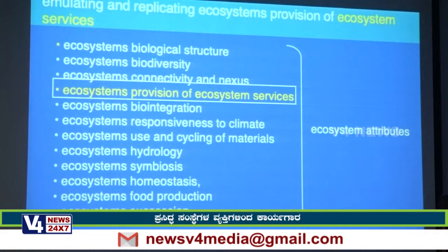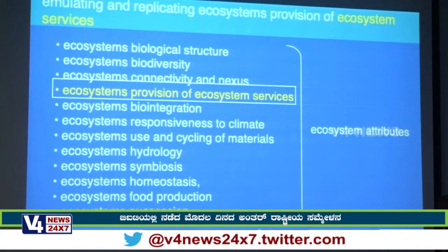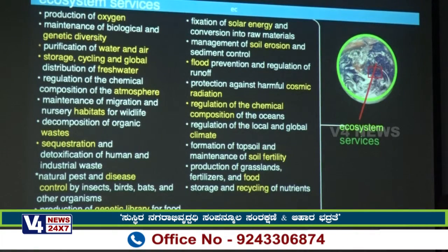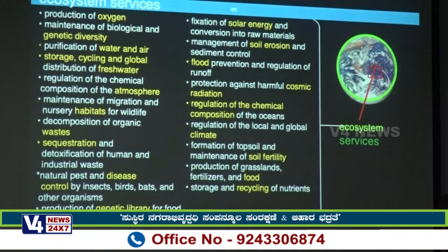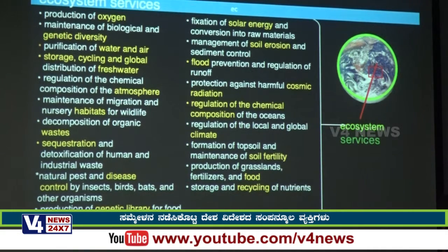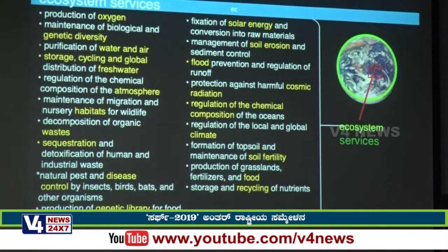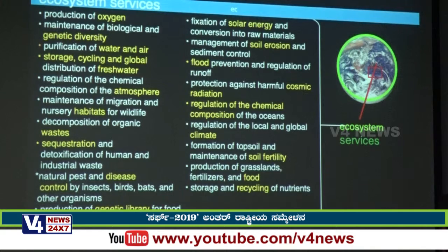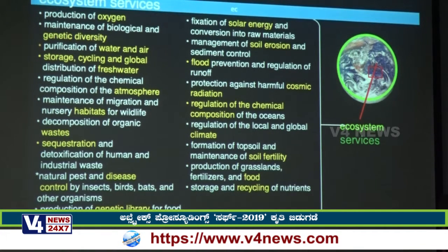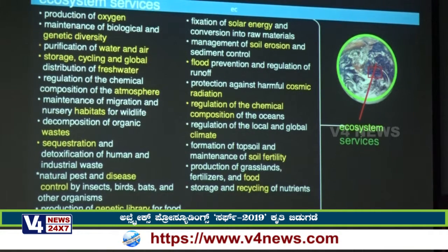Now, one of the properties that nature does for us is the provision of ecosystem services. Ecosystem services are a list of things that nature does that we cannot see, but nature does without human intervention. Just like production of oxygen, maintenance of biodiversity, purification of water and air, recycling and distribution of fresh water, and so forth.